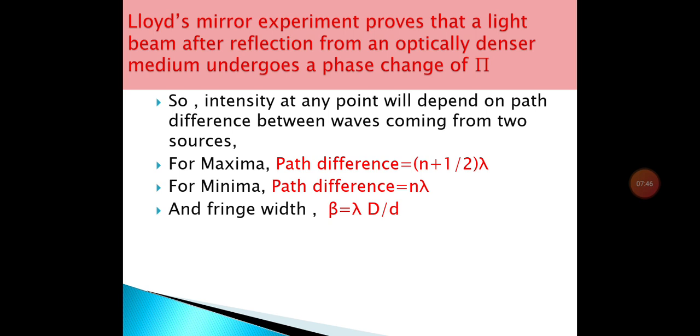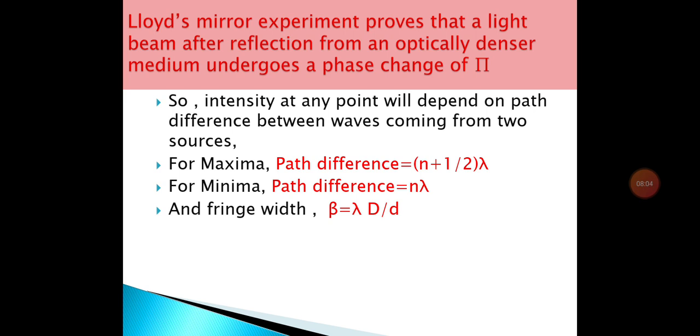Now, the Lloyd mirror experiment proves that the light beam after reflection from an optically denser medium undergoes a phase change of pi. So, the intensity at any point on the screen will depend upon the path difference between the waves coming from two sources.